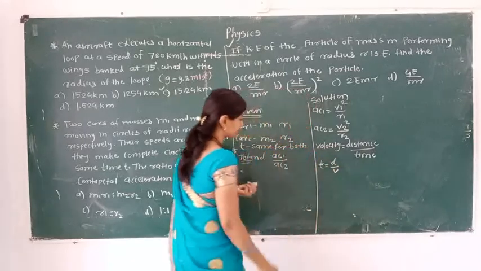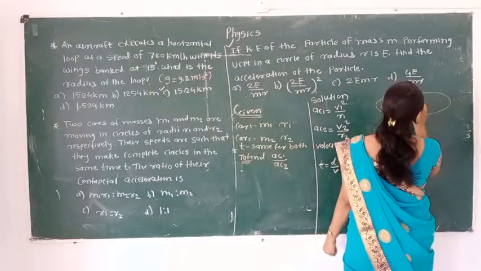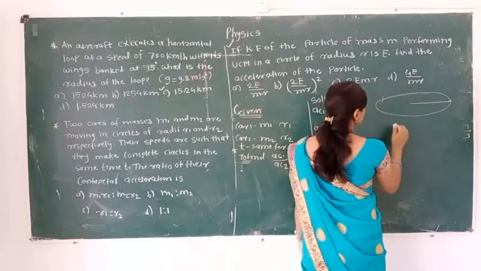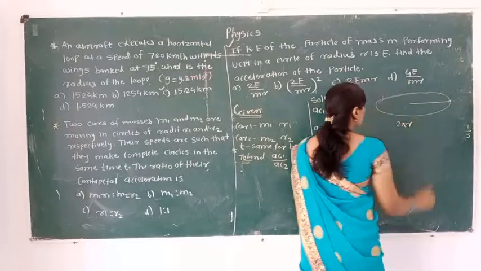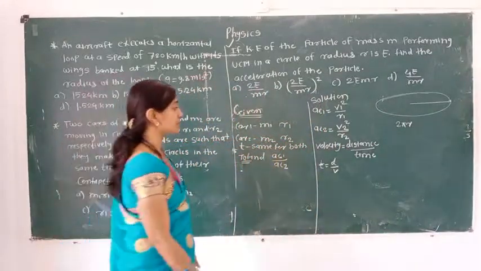If it is a horizontal circle and they are completing one revolution, the distance we use is 2 pi r. 2 pi r is the length of the circle, otherwise we can say the circumference of a circle.